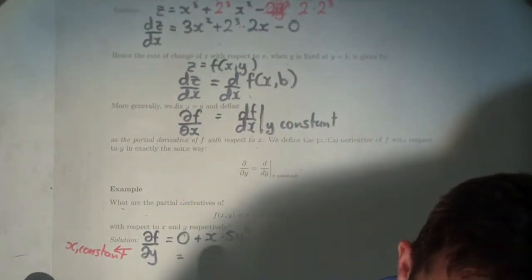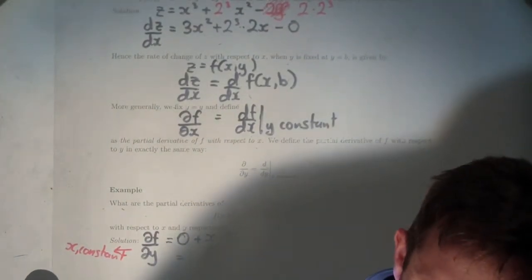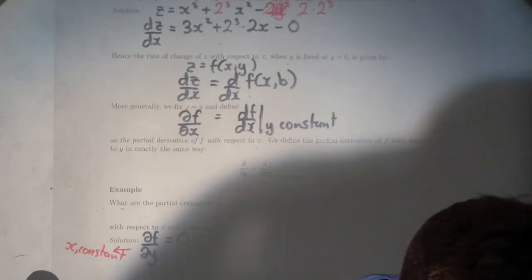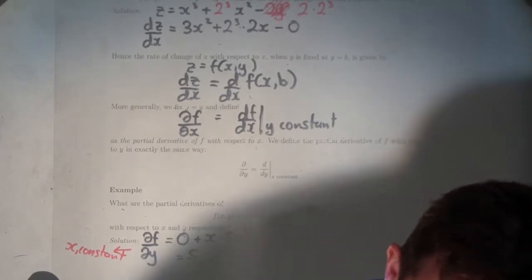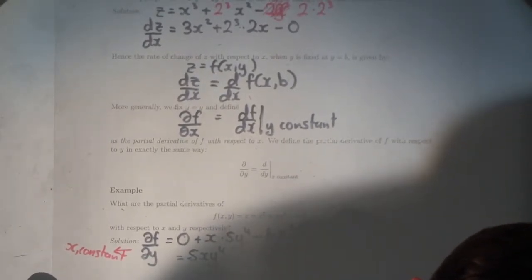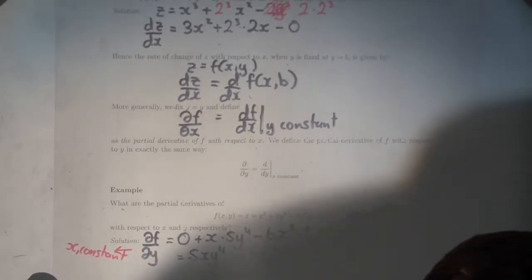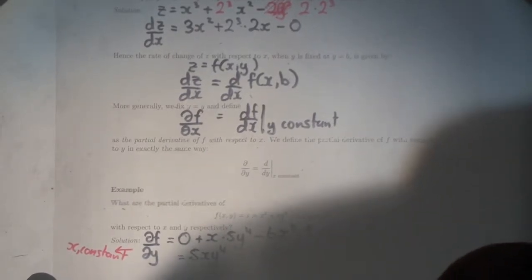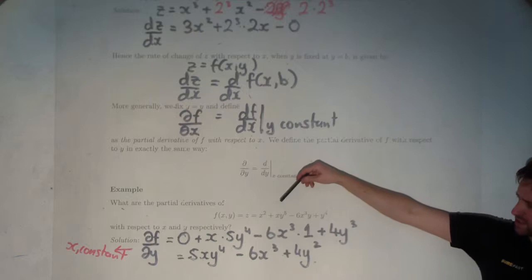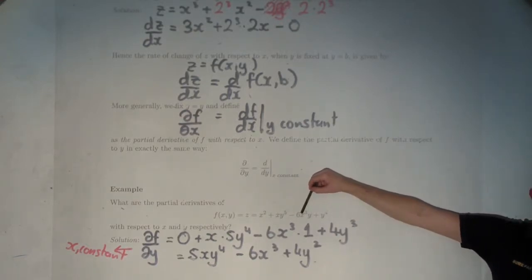It doesn't really matter, it's just a nice convention that you put the number first and then maybe the variables go alphabetically after that. We'll do it. Minus 6x cubed plus 4y squared. Now the reason I did the y first is because where the x's are constants, the x's are first.